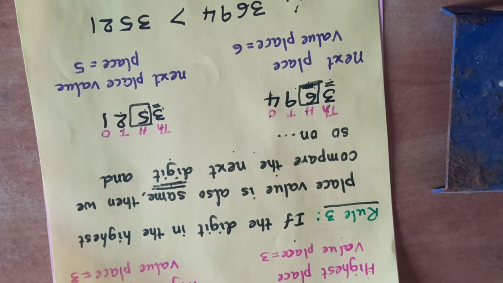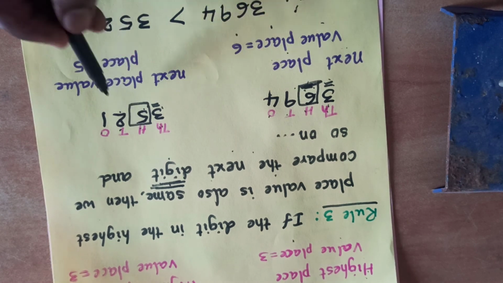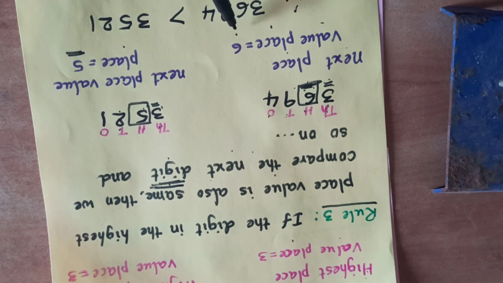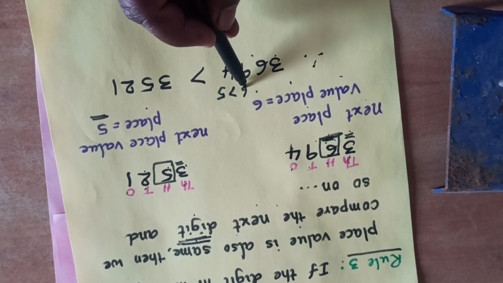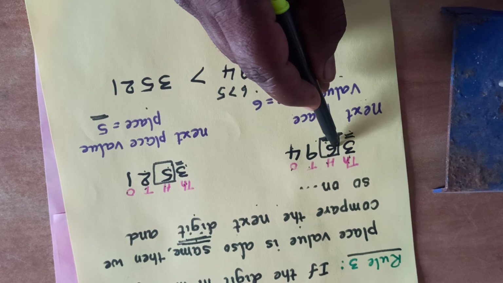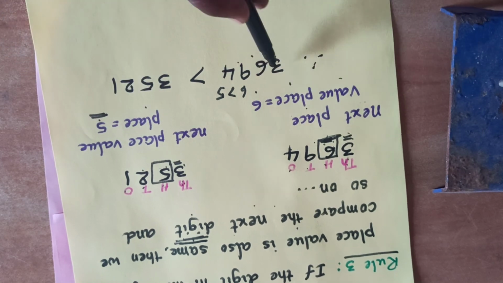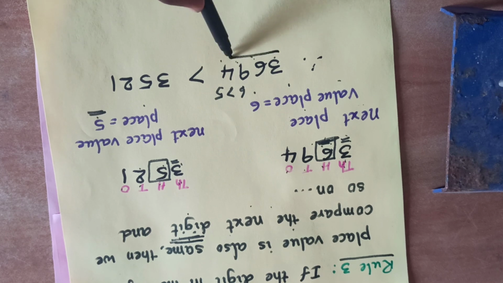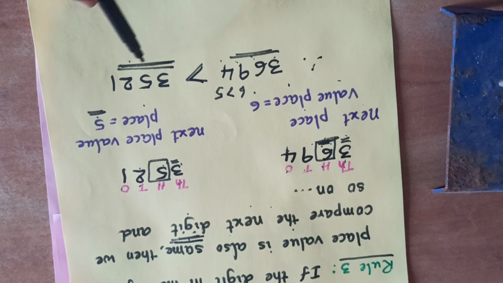So 6 is greater than 5. 6 is from this number, 5 is from this number. So 3694 is greater than 3521.